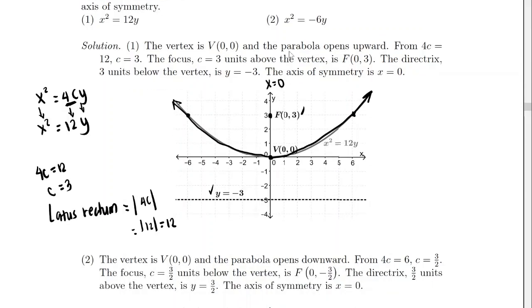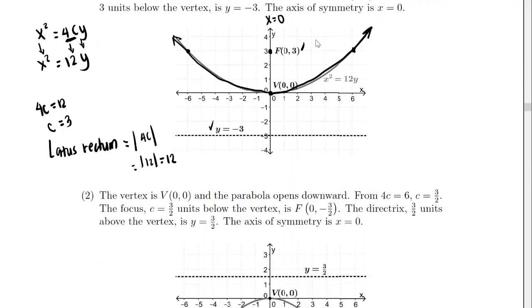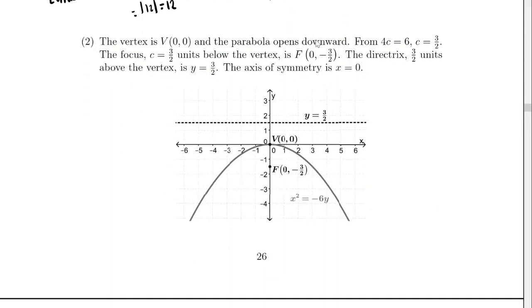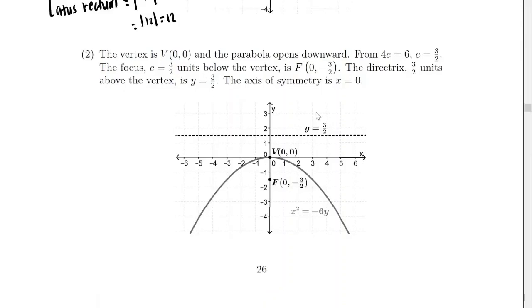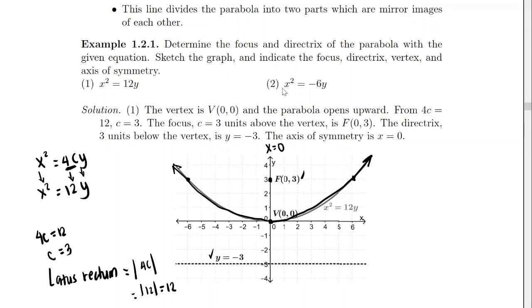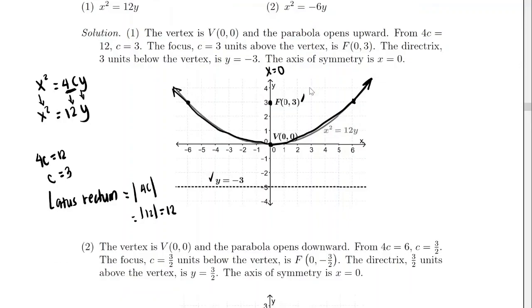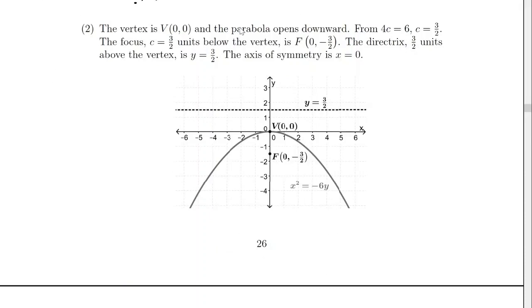Okay, another example. What if we have x squared equal to negative 6y? Since it is a simple equation again, we know that the vertex is at the origin. And since the other side is negative, we have a parabola that opens downward.